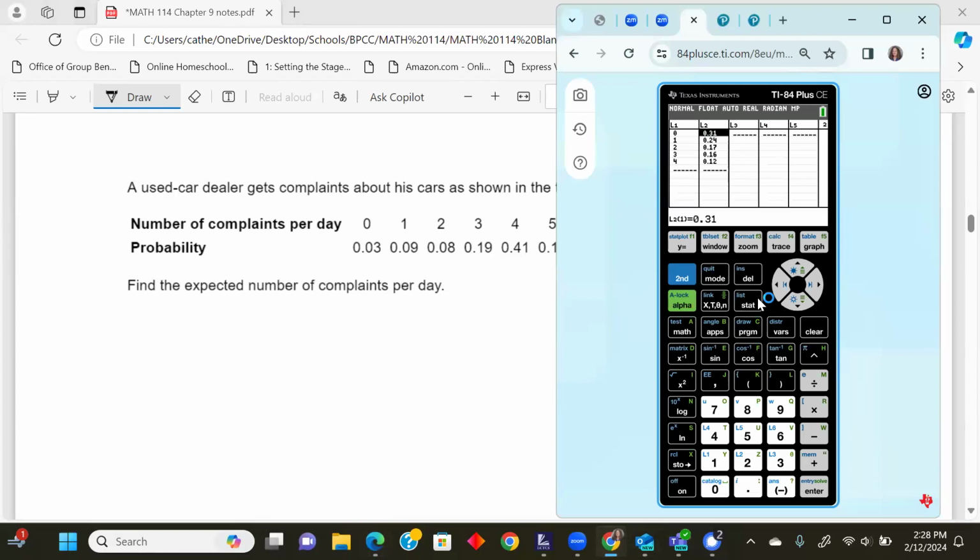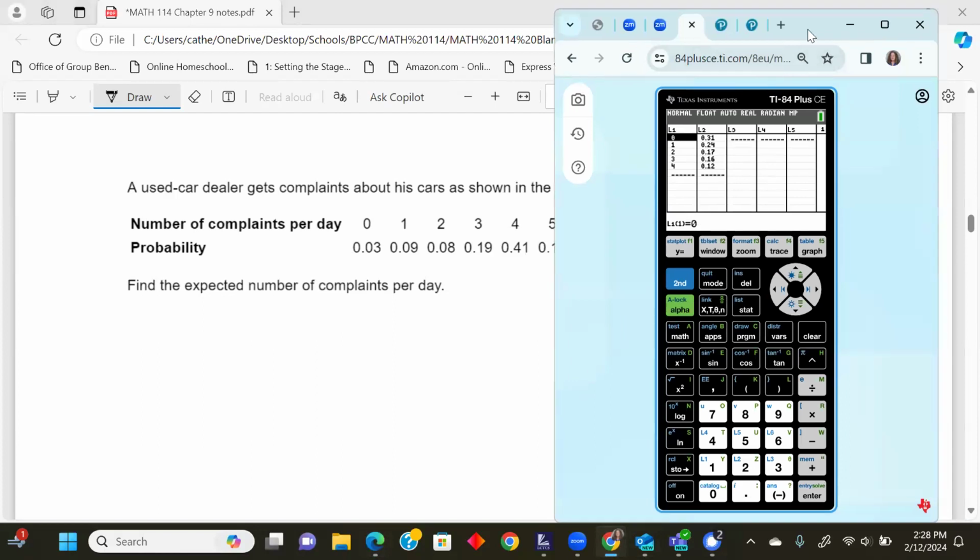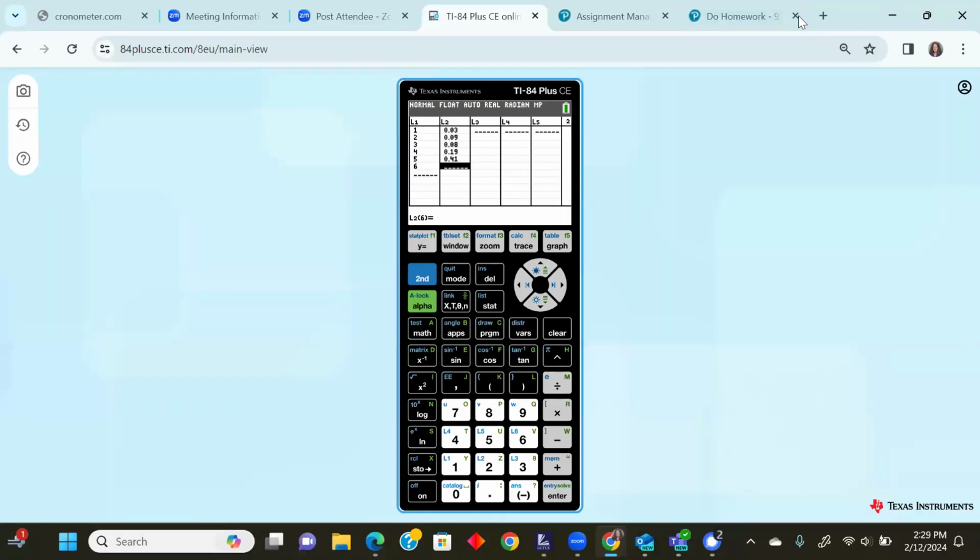Stat, edit, and let's see, how many was it? 1 to 6. I'm just going to type over. Probabilities in. Let's do this over.